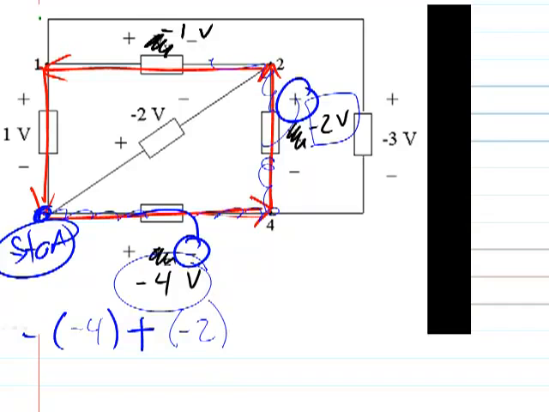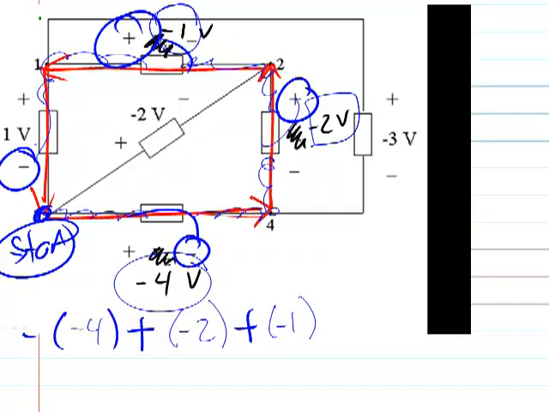And then we continue along, and we see we have a rise of -1. And then we continue along here, we see we have a drop of +1. And then we're back to our start, so that's going to equal 0. So we hope that equals 0.